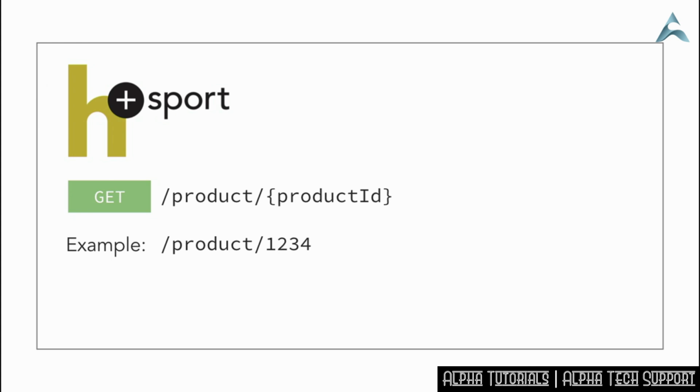Template parameters are a section of the URL that is a variable or replaceable parameter. Let's add a new product endpoint to the H+ Sport API that captures a product ID within its path. That product ID can then be used by the API implementation to return a specific product to the API client.